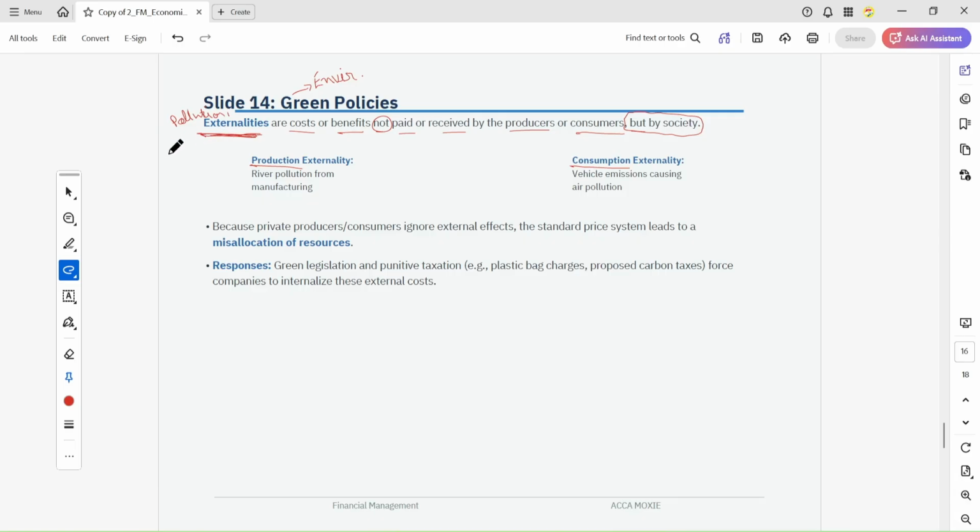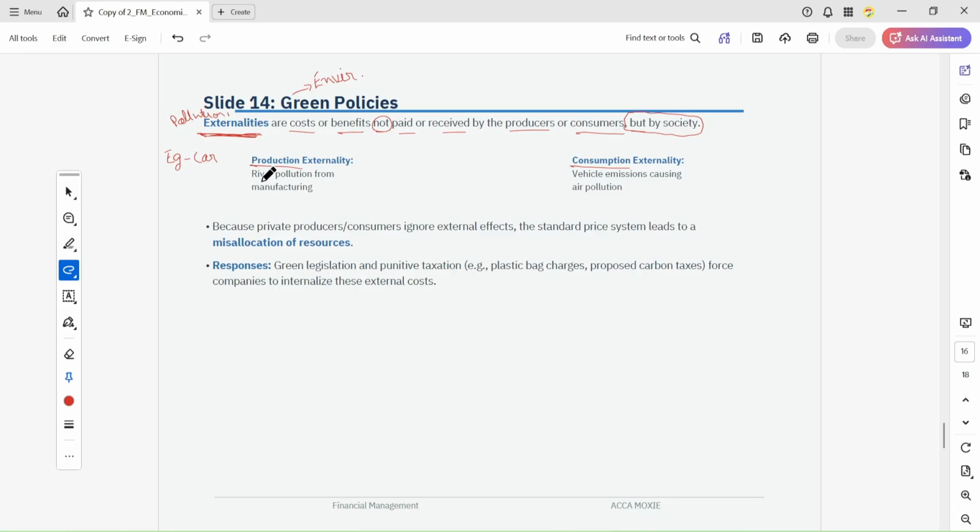I'm taking an example here: car manufacturing. When a car manufacturing company produces a car, when you buy the iron rod to manufacture the car parts, that will create pollution. When you make the parts, you have to clean them with water before installing them into the car.